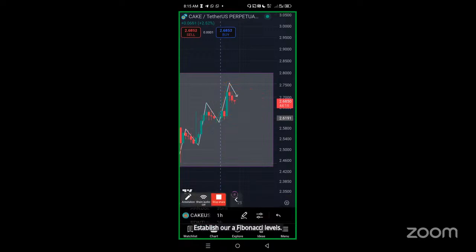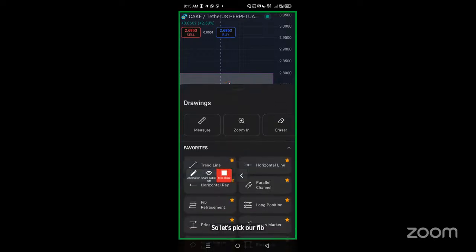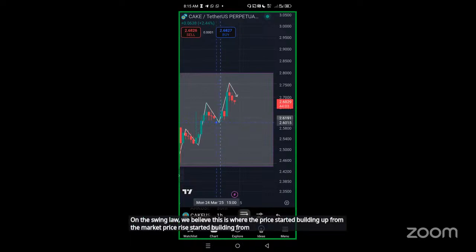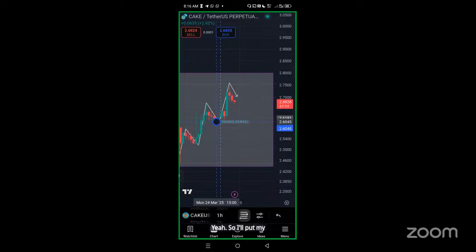So let's pick our Fib. On the swing low, we believe this is where the price started building up from. So I'll put my Fib level there, and then I drag it upwards to touch the upper part.